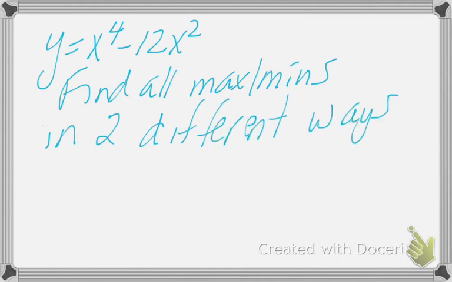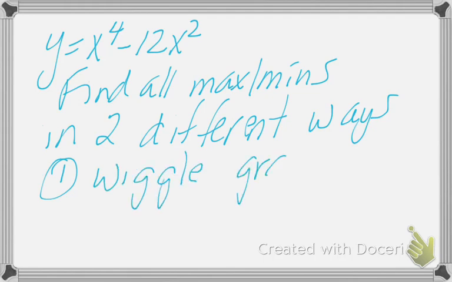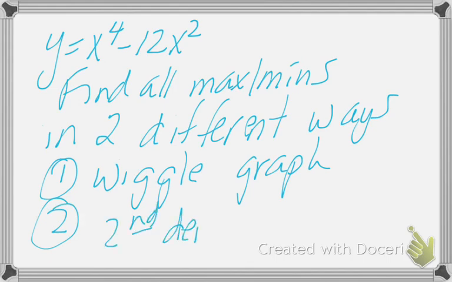One way is going to be by using the wiggle graph, and the second way is going to be by using the second derivative test. Christian is going to pause this once you copy down the function, and then I think 10 minutes should be good, Christian, and then put it back on, and then you guys can all see the solution. So make sure you pause this so you don't hear the solution.